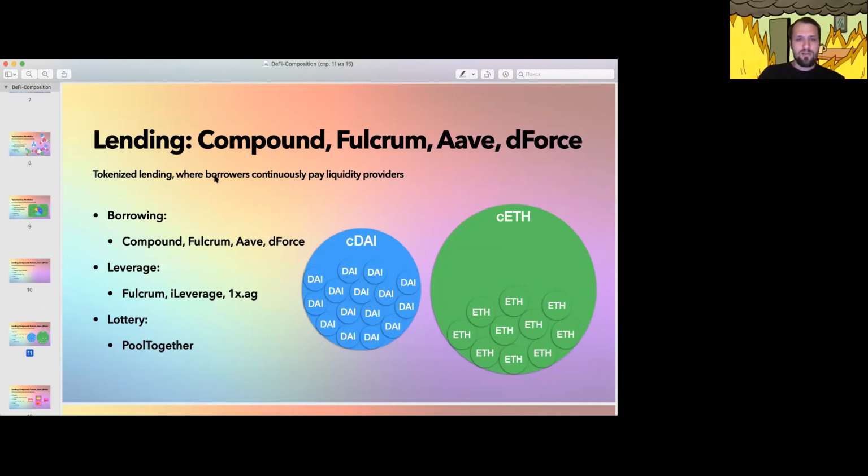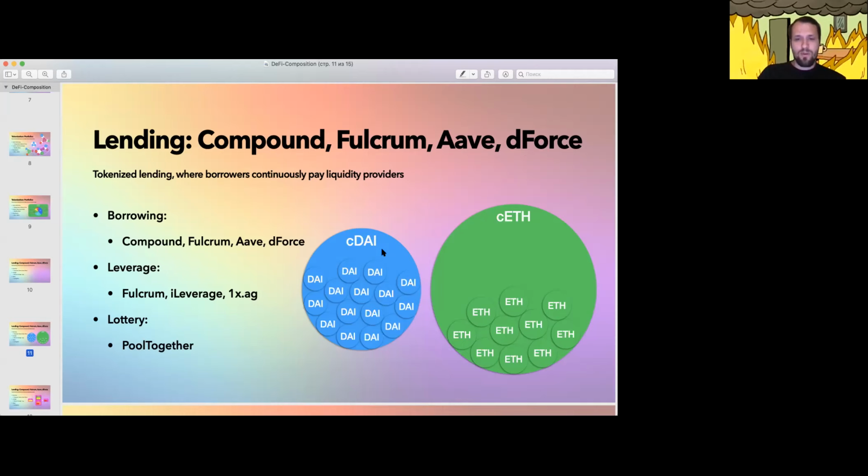But decentralized lending protocols, which are pool based, like Compound, Fulcrum, Aave, and DForce, and maybe some others, they all work in a similar manner, and they have wrapper tokens.